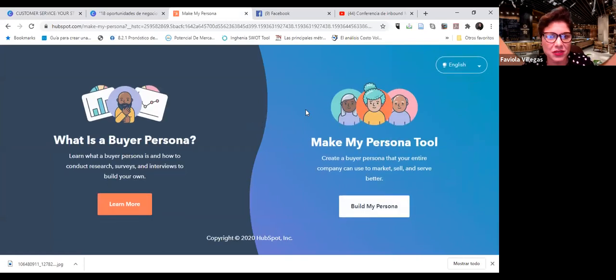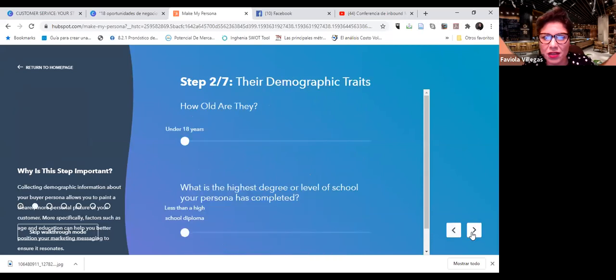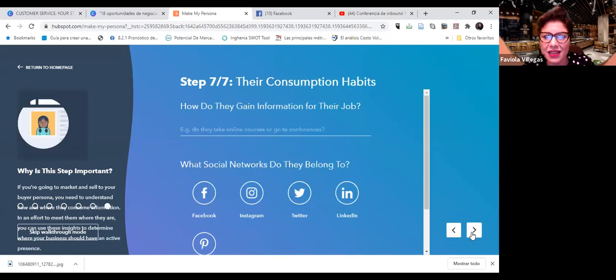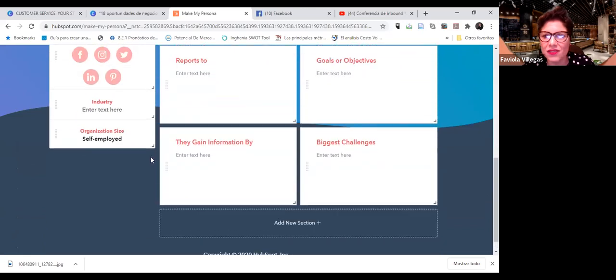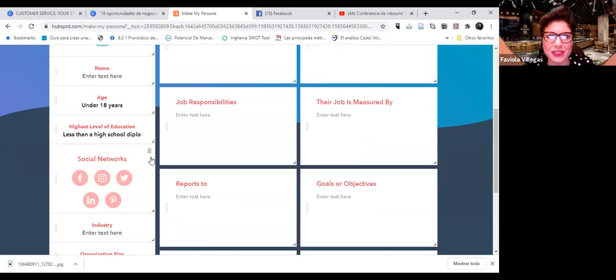The Make My Persona tool. And you can build your persona. You make this avatar. You put the name on it, okay? It is beautiful. How old are they? And at the end, this tool will give you this template full of crazy good information for your business, okay?